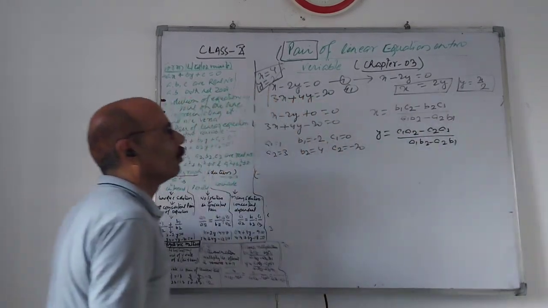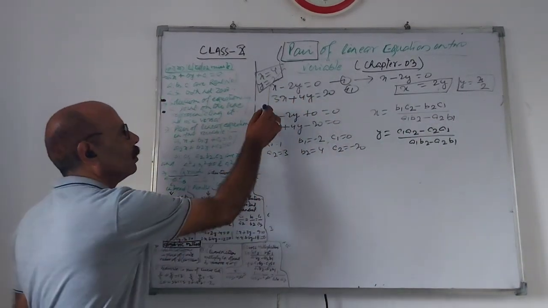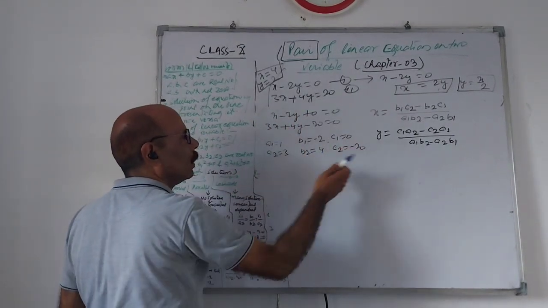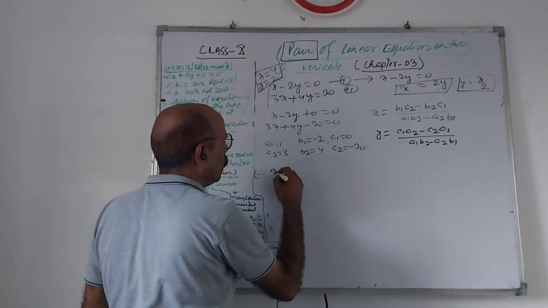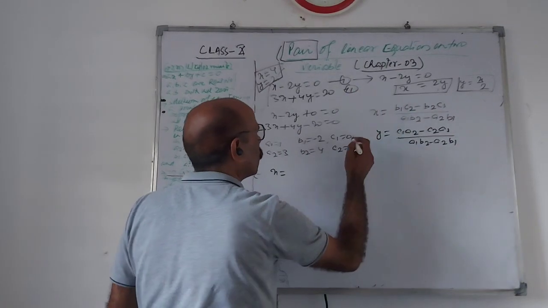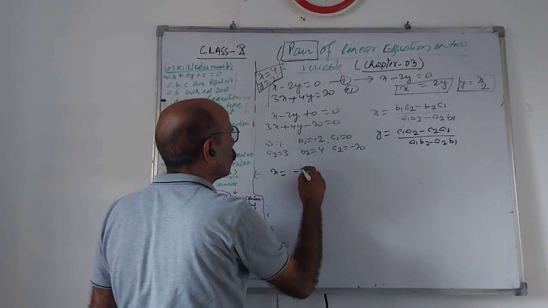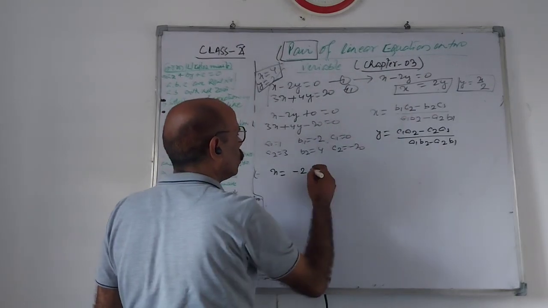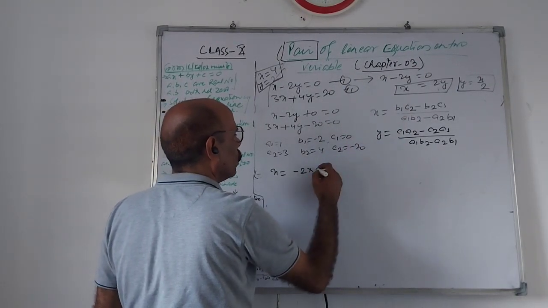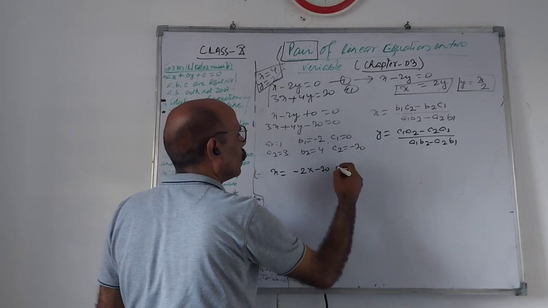This is the formula. If you set these coefficients a, b, c, then x will be what? b1 is minus 2 into c2. c2 is minus 20.